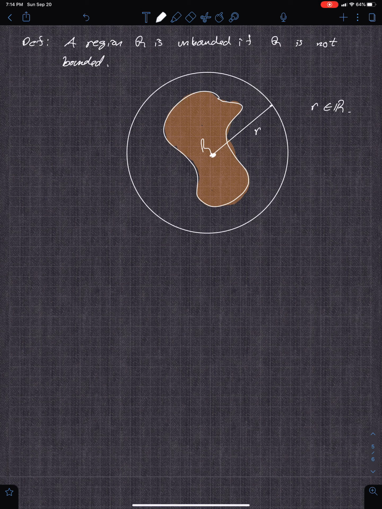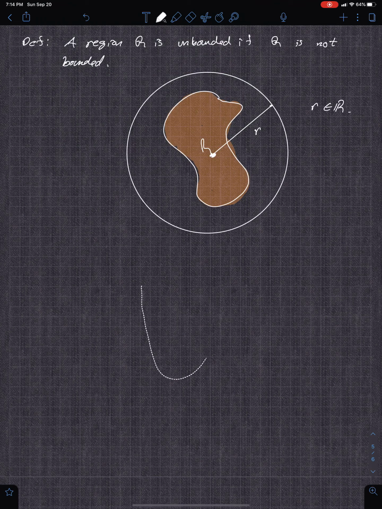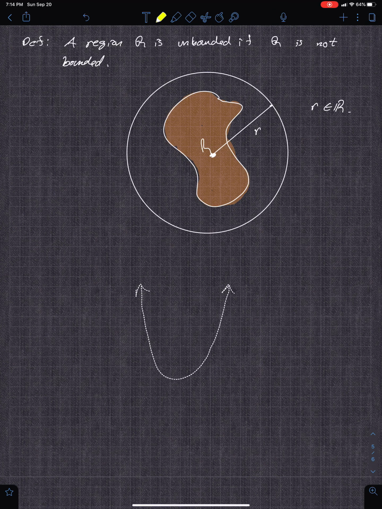One that may not be bounded, possibly, something like this, we could make it a region that's open. So here's an open region that's not bounded. It's clearly unbounded, right? Because you can't put a circle around it. This circle here doesn't include all of that.